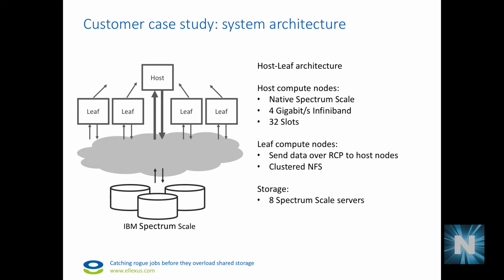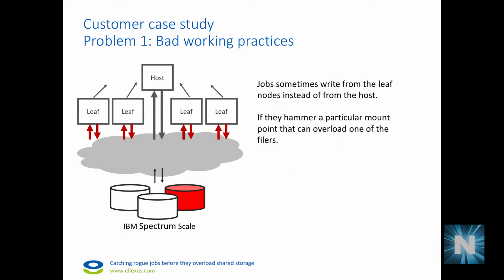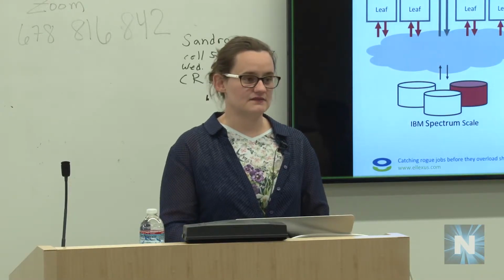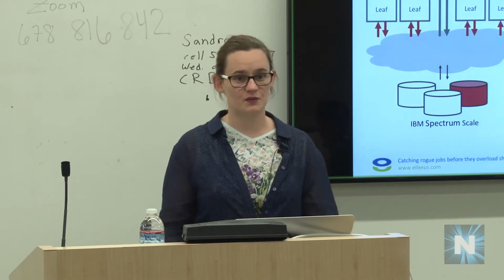And most of the time this works just fine, but they had 2 problems that happened on a regular basis. So the first problem was that although users are not supposed to access the storage from the leaf nodes, actually they do all the time, and it's just bad programming, bad working practices.